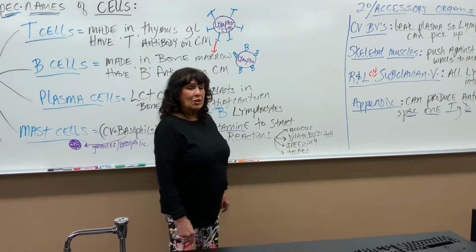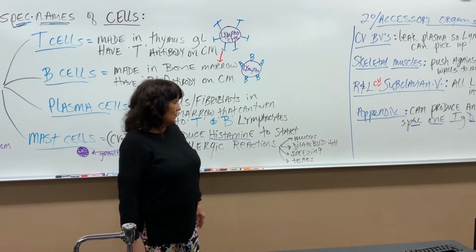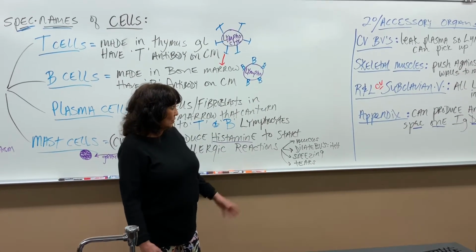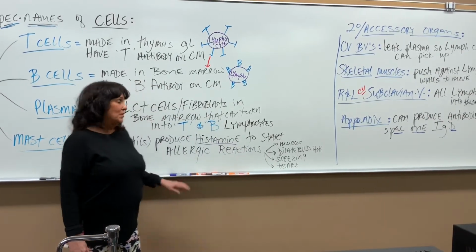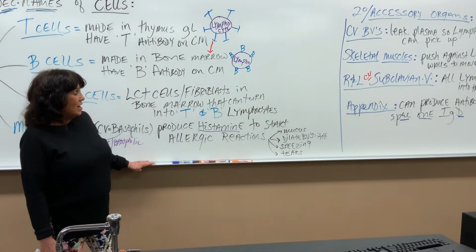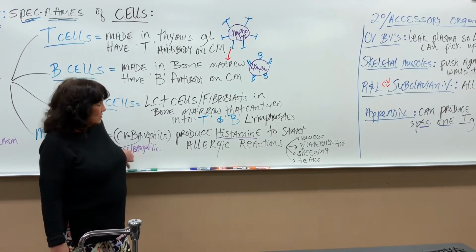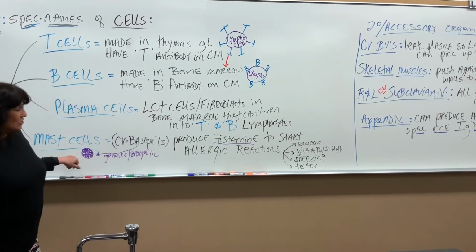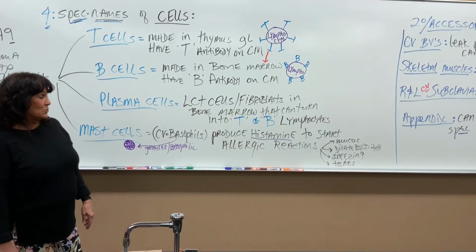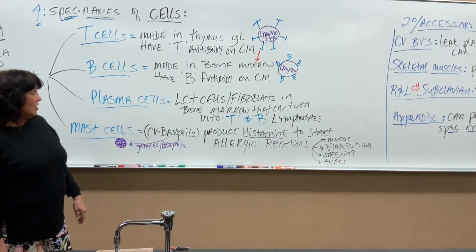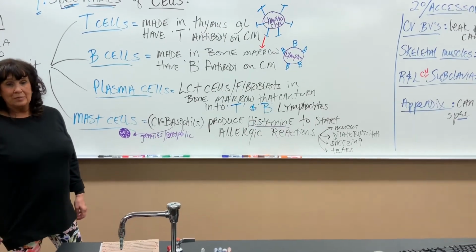Also, sneezing occurs with high levels of histamine, and so the body's trying to get rid of that invading organism or whatever it is. And then tears happen, right? And so basically, if you get things in your eyes, histamine is going to also help, from these wonderful mast cells, to try to get rid of it by producing more tears. So that's an allergic reaction. So those are the 4 cells that are predominantly found in lymph, right?